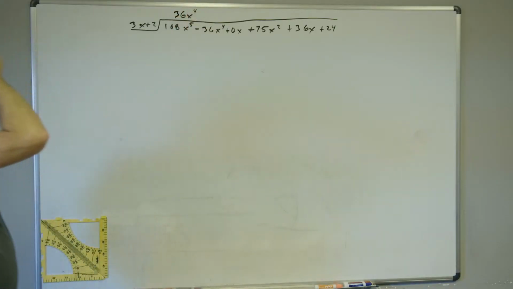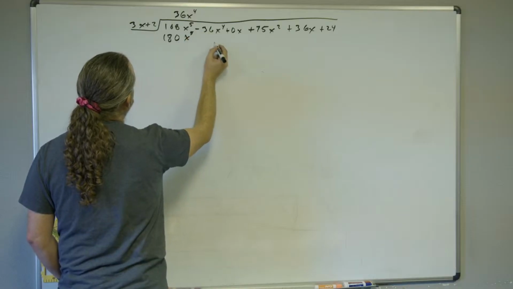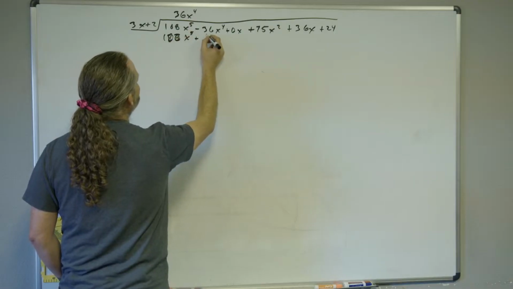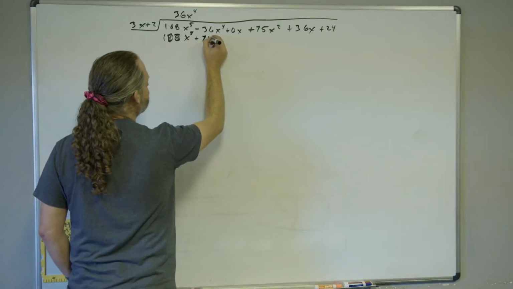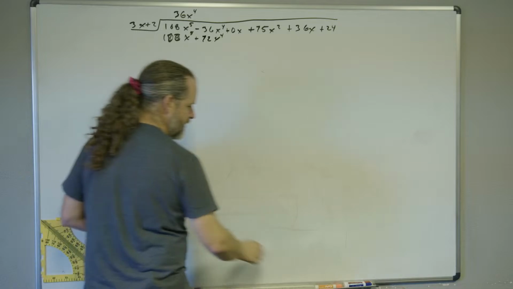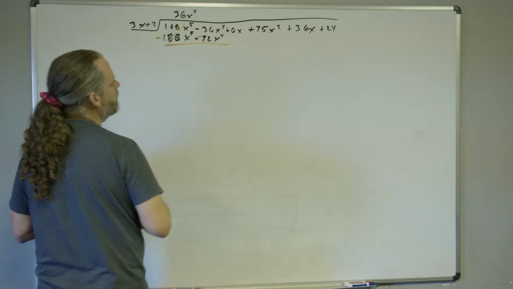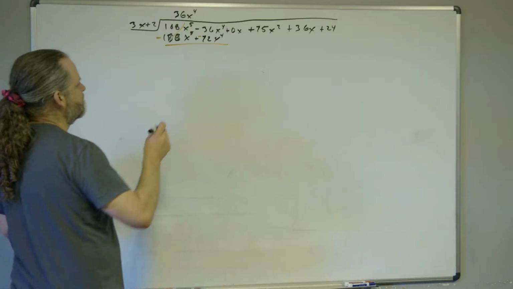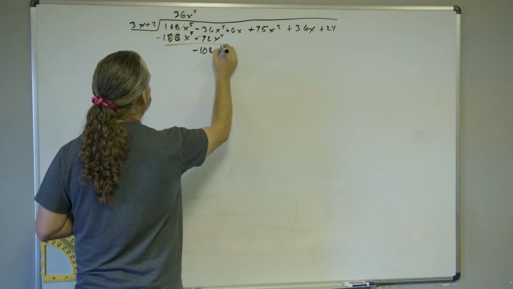Now what? Multiplication and then subtraction. Yeah. So 108x to the fifth. Why'd you write 180? I don't know. Plus 72x to the fourth. Then we subtract. Negative 108x to the fourth.